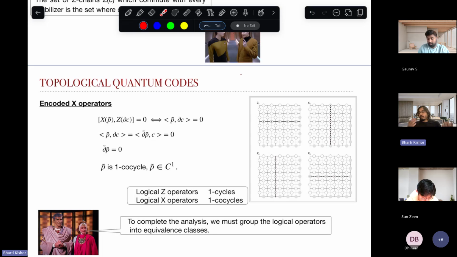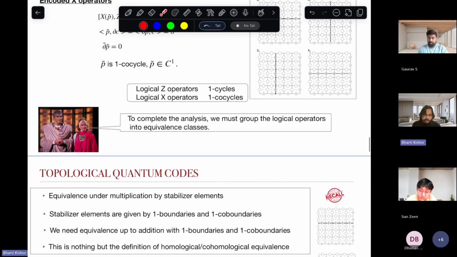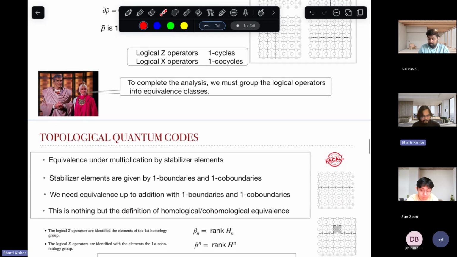I can take more complicated topology, and then again you can look at the non-trivial loops, and that corresponds to the encoded operators. So this is the power of the abstraction, and how we can talk about more general cases without much hand waving. I hope, if you could follow the previous sessions, you must be enjoying now how powerful this formalism is.